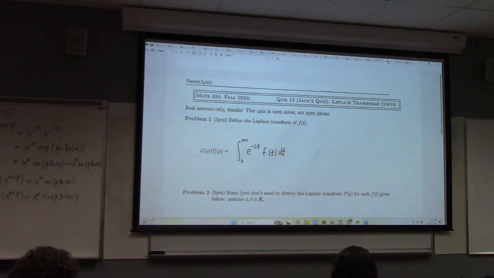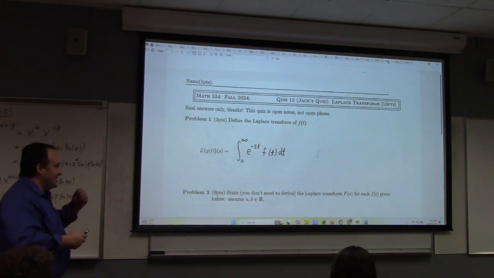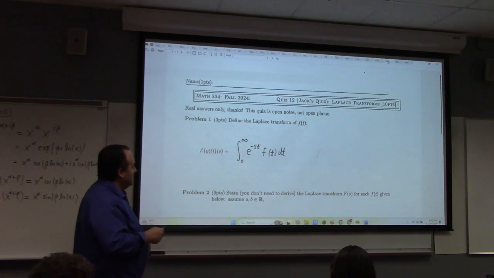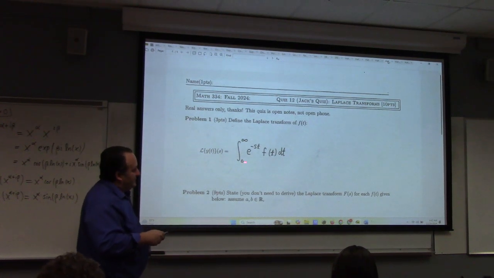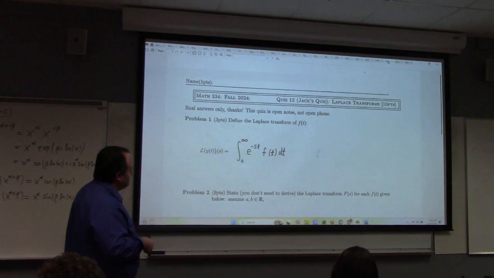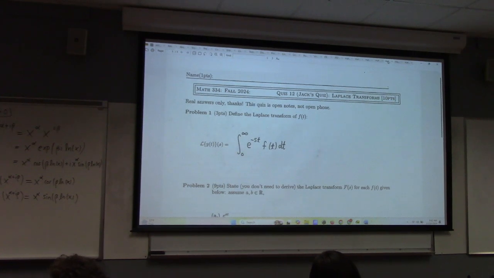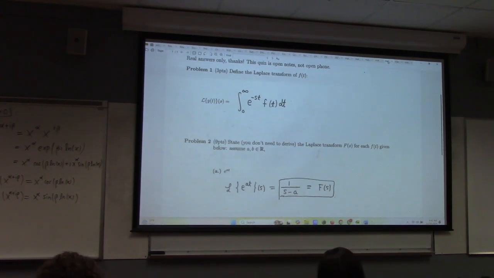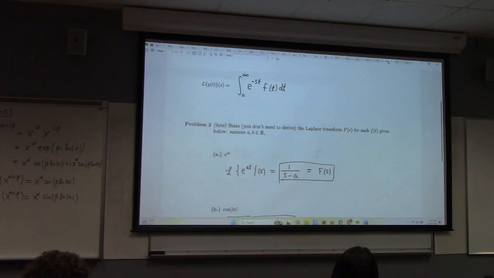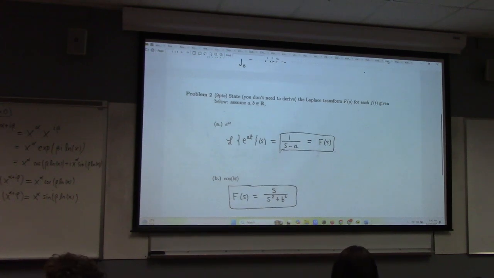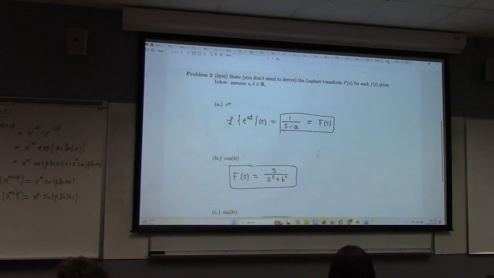But anyway, silliness aside, this is the Laplace transform. You should know the definition of it. I probably don't ask that as a test question because you've got a note card, so it's a dumb question as long as you have a note card. In a world where you don't have note cards, though, that becomes a test question. But that's not a world you want to live in, I'm guessing.